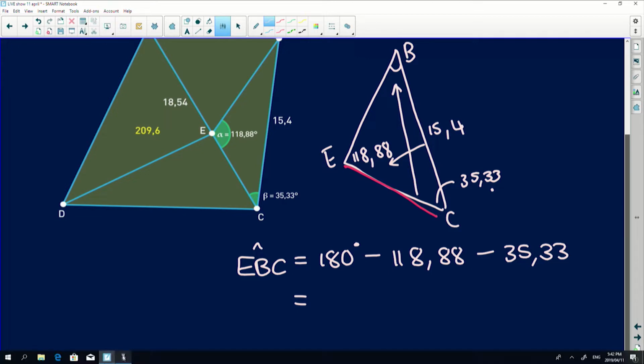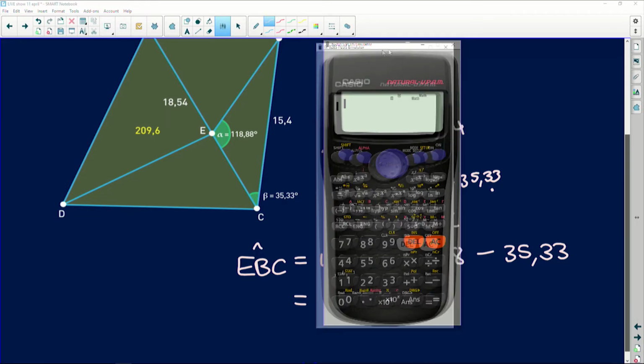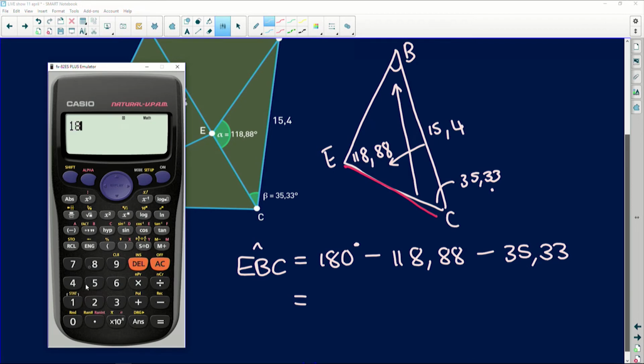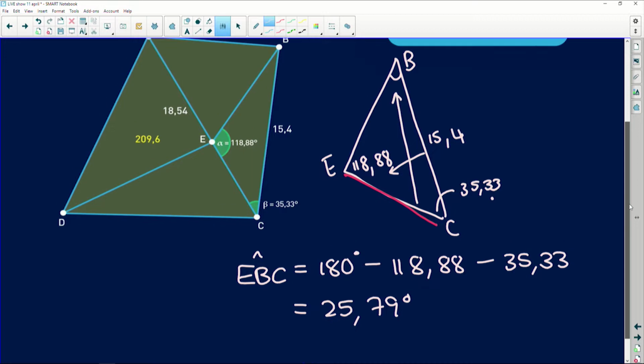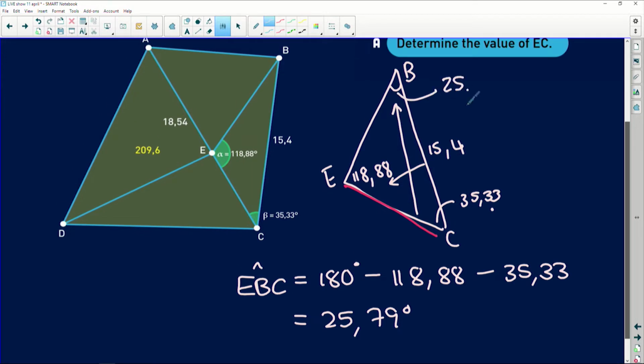When my mouse starts behaving with me. There we go. Okay. 180 degrees minus 118,88 degrees minus 35,33. Okay, so that means that angle is 25,79 degrees. Okay, so that's this angle that we found here.